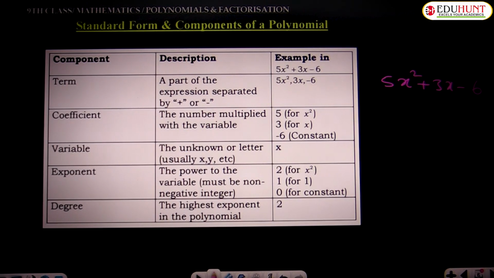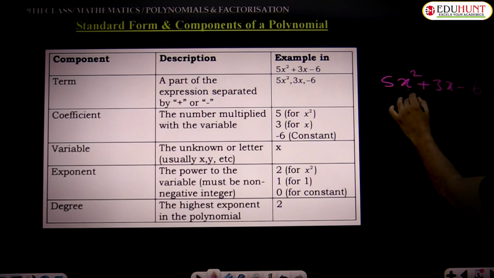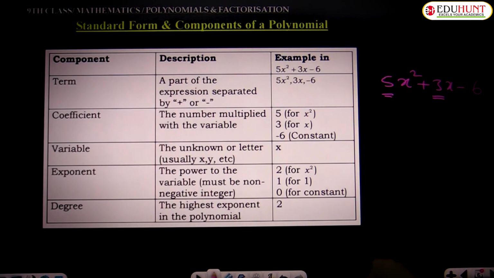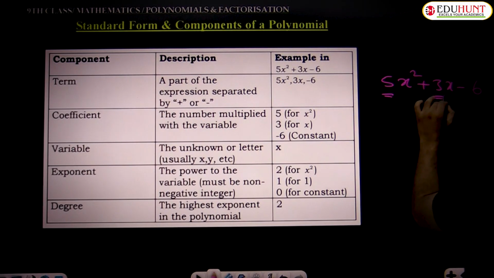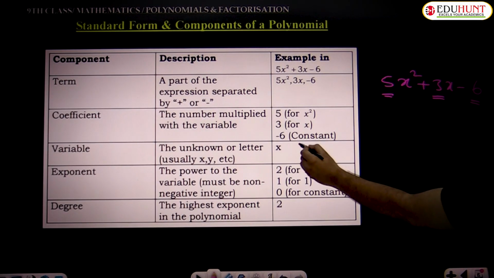Coefficients: the number multiplied with a variable. Coefficients are here 5 and here 3. So 5 is the coefficient for x square, 3 for x. Minus 6 is the constant value.